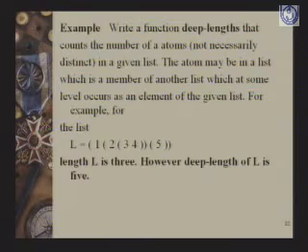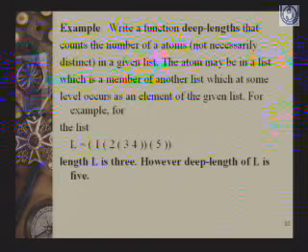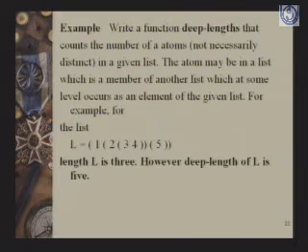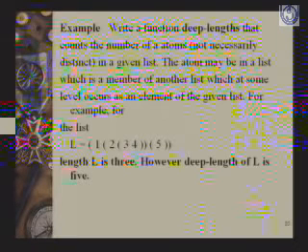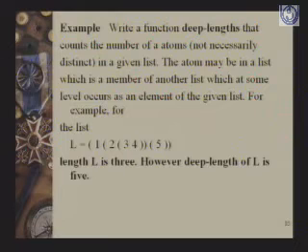For example, in this particular case on the slide you can see that the list has 3 elements, namely 1, then the second element is a list which has 2 and another list 3, 4 as its elements. And the third element of this list is the list 5.